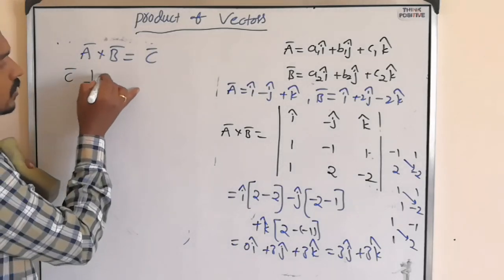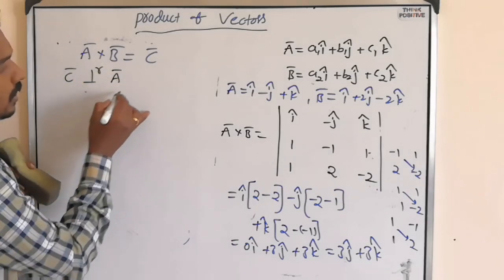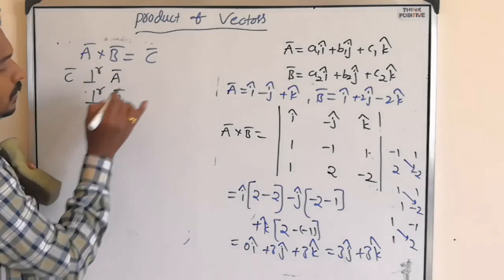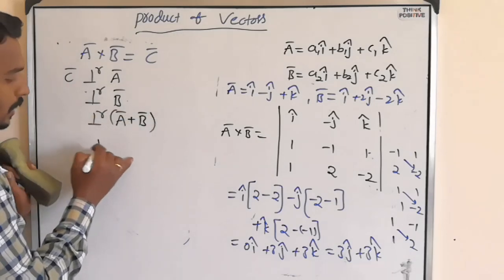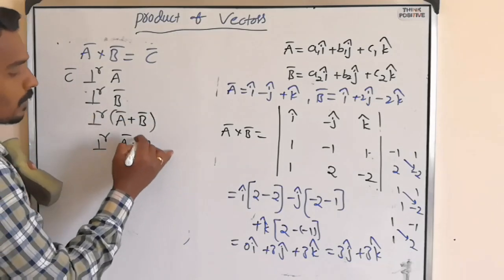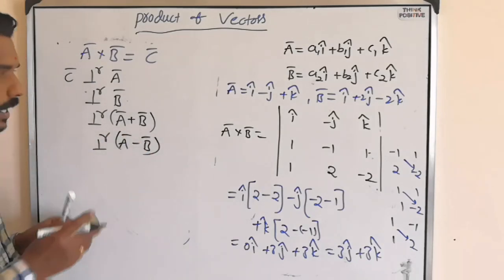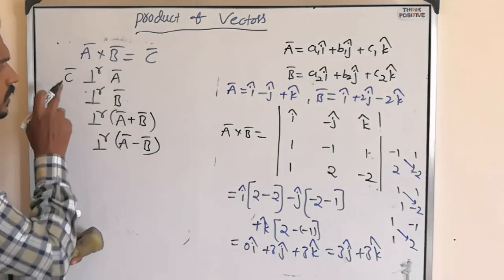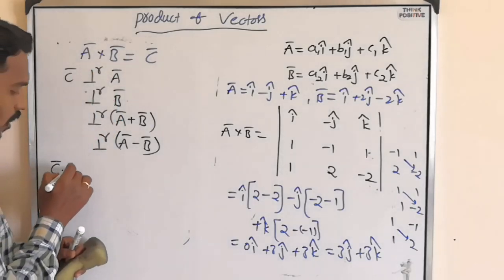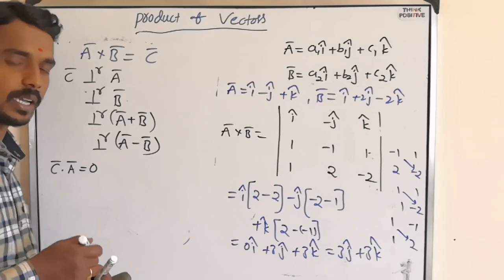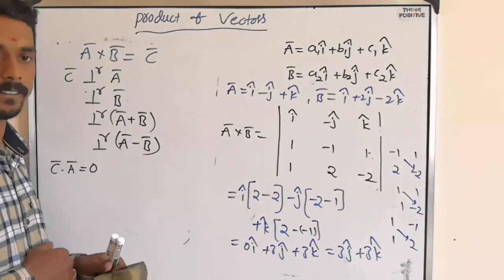So c bar must be perpendicular to a bar, perpendicular to b bar, perpendicular to a bar plus b bar, and perpendicular to a bar minus b bar. Let us check any one. c bar is perpendicular to a bar means c bar dot a bar should be 0, according to our previous class.